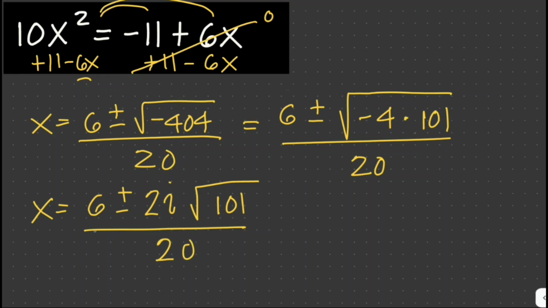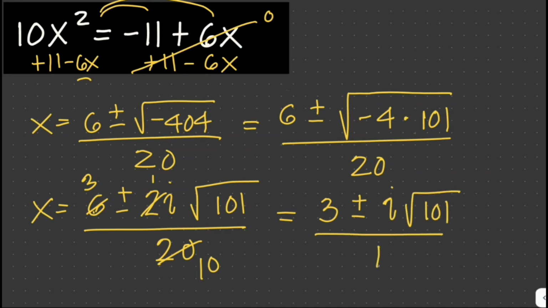Notice here that 6, 2, and 20 are all divisible by 2, so we can divide them by 2. So this is just 3, this is 1, and this is 10. Therefore, the value of x is 3 plus minus i square root of 101 over 10.